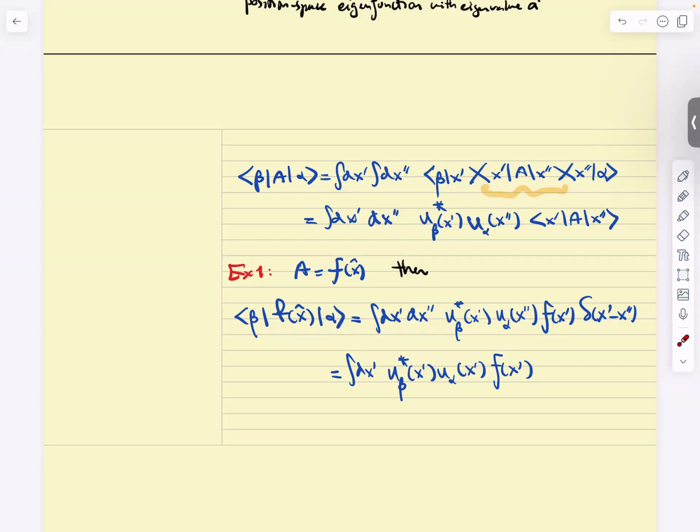All right, so that's what this guy is. Now, what is x prime beta? It's the star of it, the complex conjugate of x prime beta, which I said is the wave function corresponding to state beta in the position basis. So this manipulation hopefully is clear.